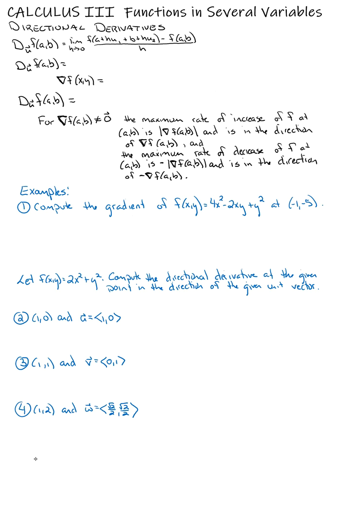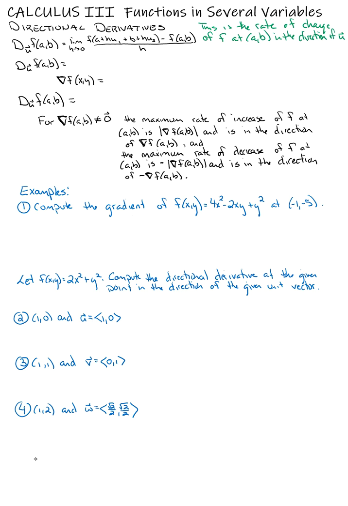Now, a directional derivative is the rate of change of a function f at a point, which we'll call (a, b), in the direction of u, which is a unit vector.